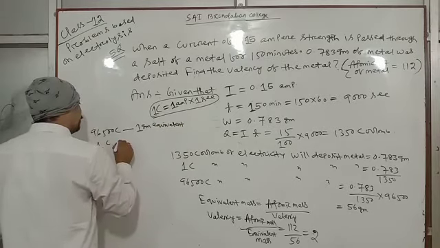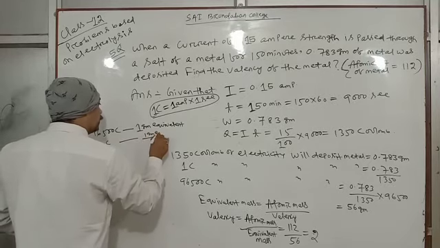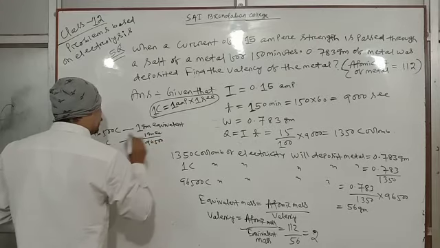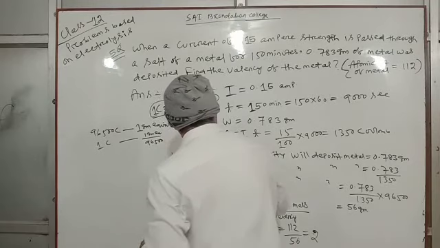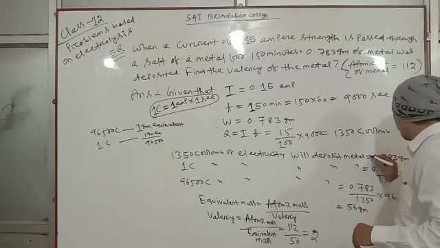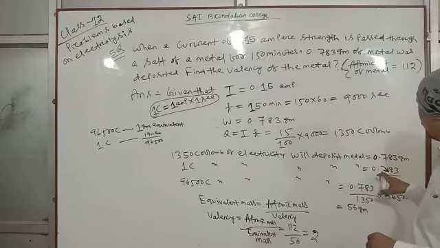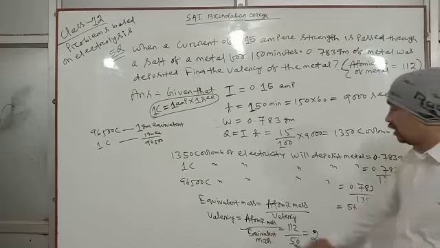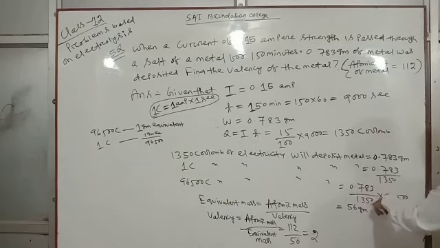Similarly, 96500 coulomb will deposit 0.783 by 1350 into 96500, which should be 56 gram. So this is 56 gram.